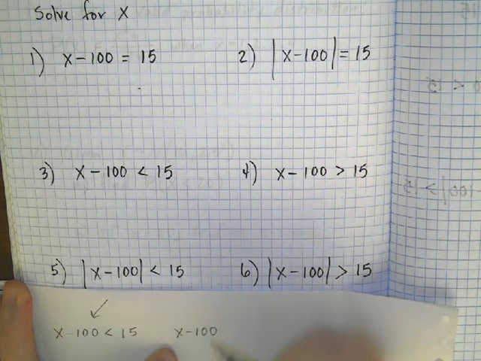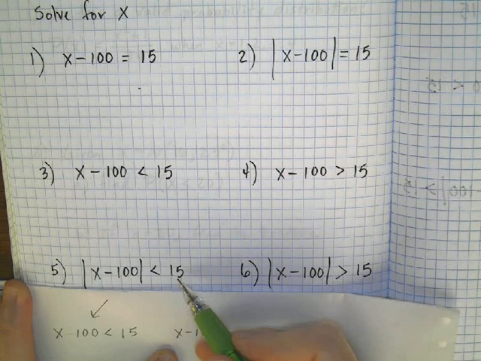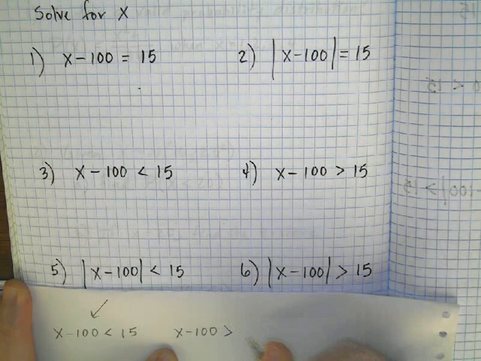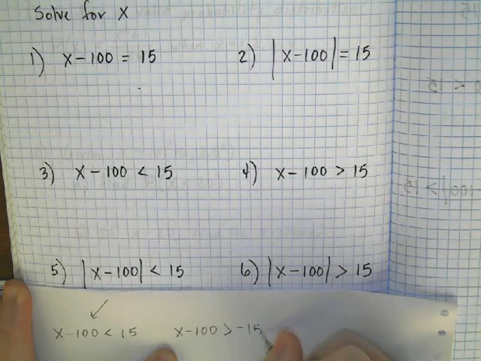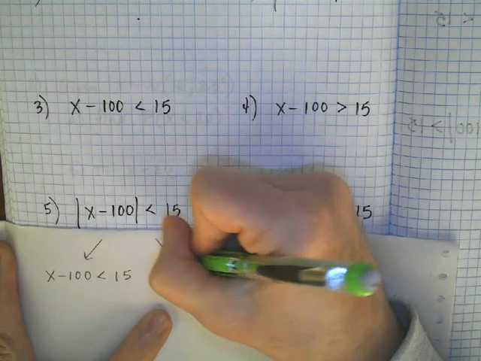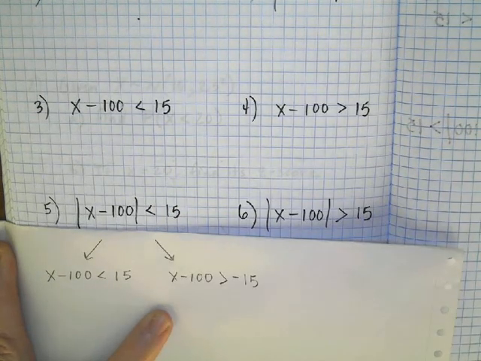When we change the sign over here, we need to change the inequality. Is greater than negative 15. Okay, and we could run through how to prove why this happens, but that's not really the point of this whole problem. We're trying to do this problem to get at something else.